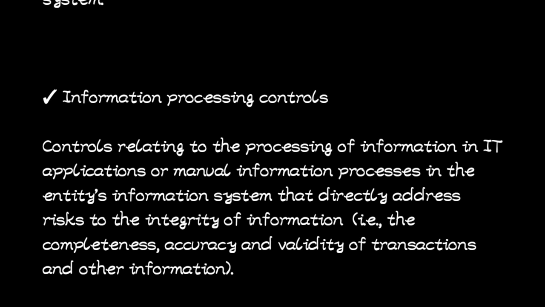So it helps to achieve completeness, accuracy, and validity of transactions and other information. So those are procedures that are put in place to make sure that correct information is processed, either manually or in the IT system.